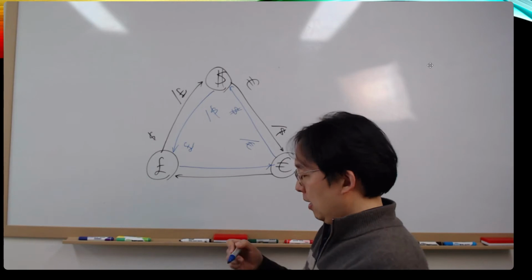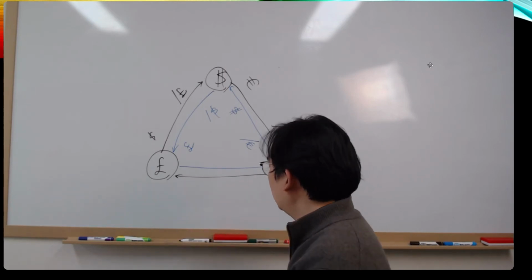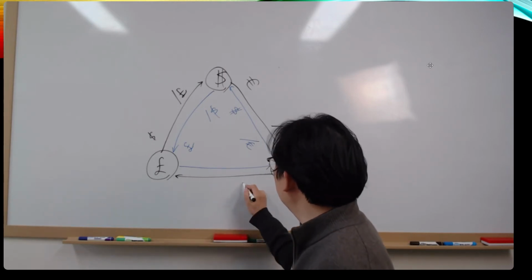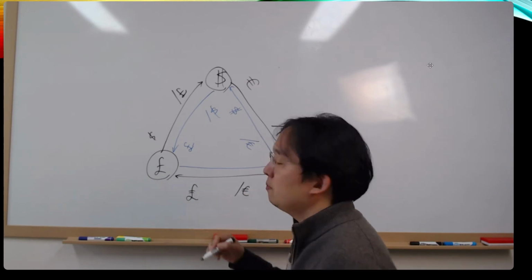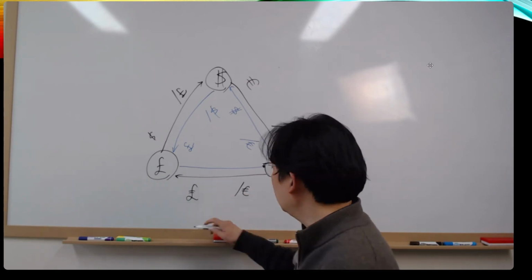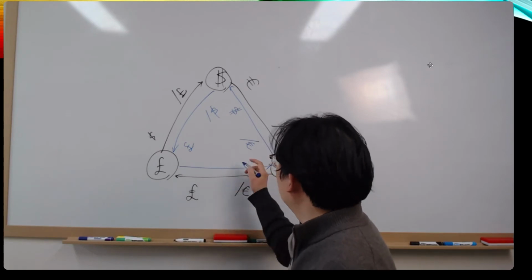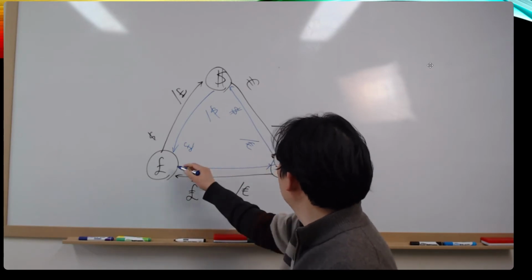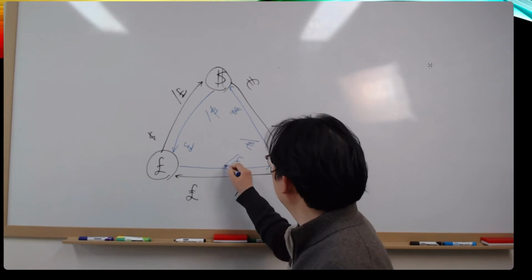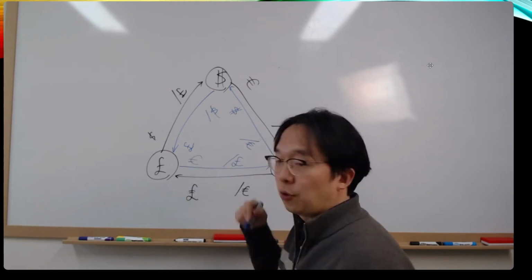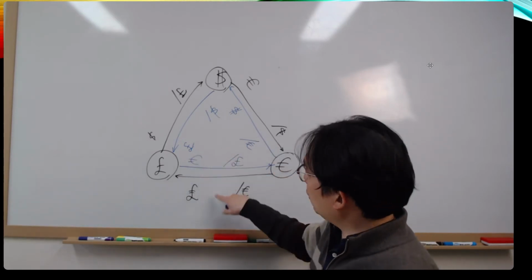Okay? And then here, this has to be per euro, how much is it in British pound? And finally over here, it's starting from British pound and then euro. Okay, so we are interested in this.